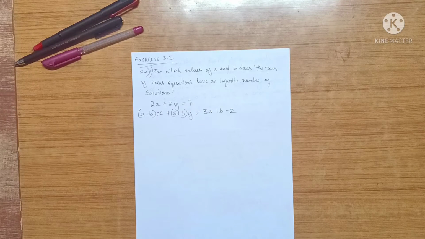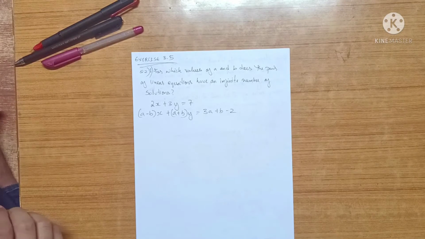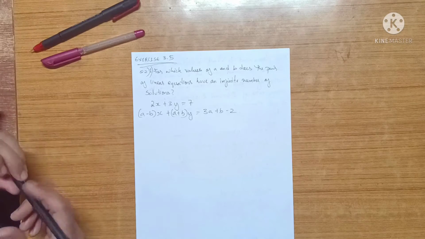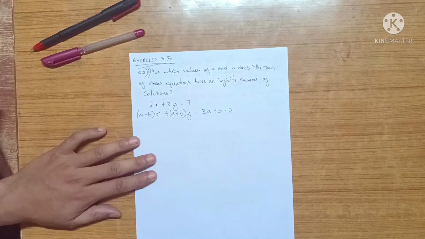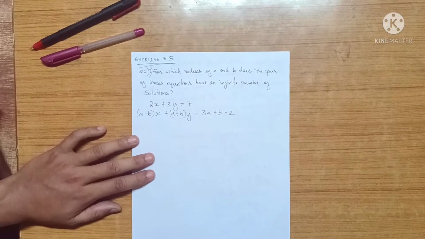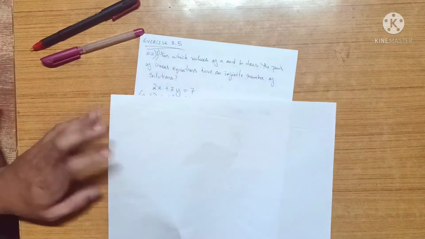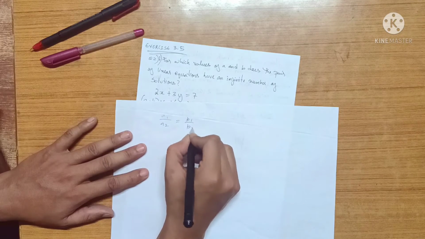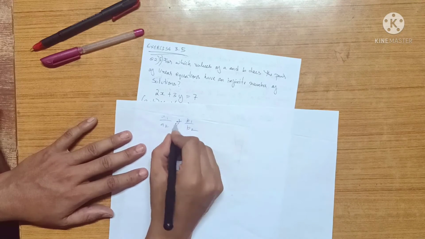Okay, we'll be doing exercise 3.5, question number 2. I hope you remember exercise 3.2 where we used to find infinite number of solutions and all of that. For example, if it's not equal, it's a unique solution.